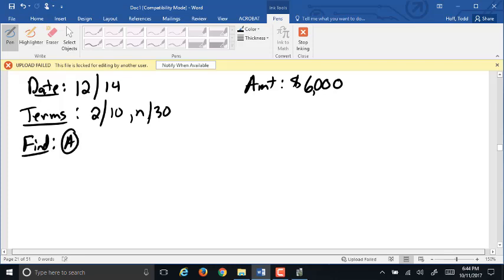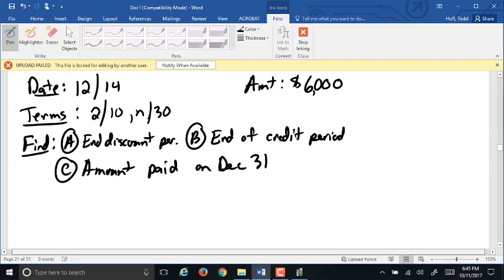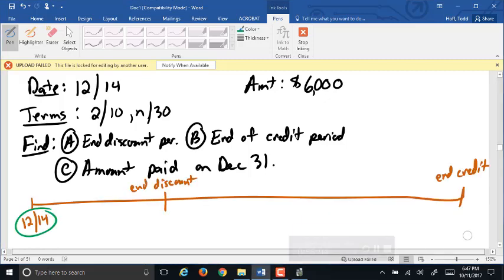Find A, end of the discount period, B, end of the credit period, and C, the amount paid if paid on December 31st. I'm going to pause and give you guys a couple minutes.